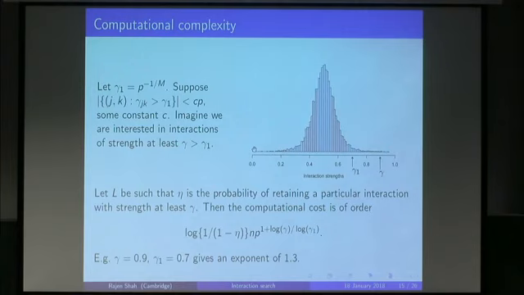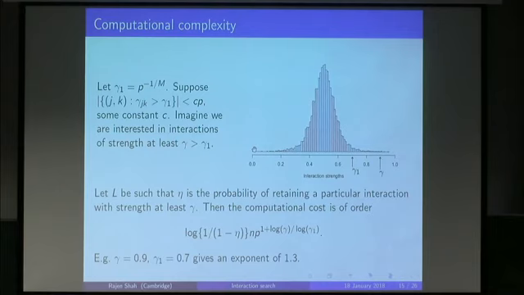Okay. So now we can think about the computational complexity of this version of the XYZ algorithm, and we have this result here. Let's suppose this M is the subsample size, and suppose this gamma 1 parameter, which is a function of M, is p to the power of -1 over M. And let's suppose that the number of interactions which are stronger than this gamma 1 is of order p.